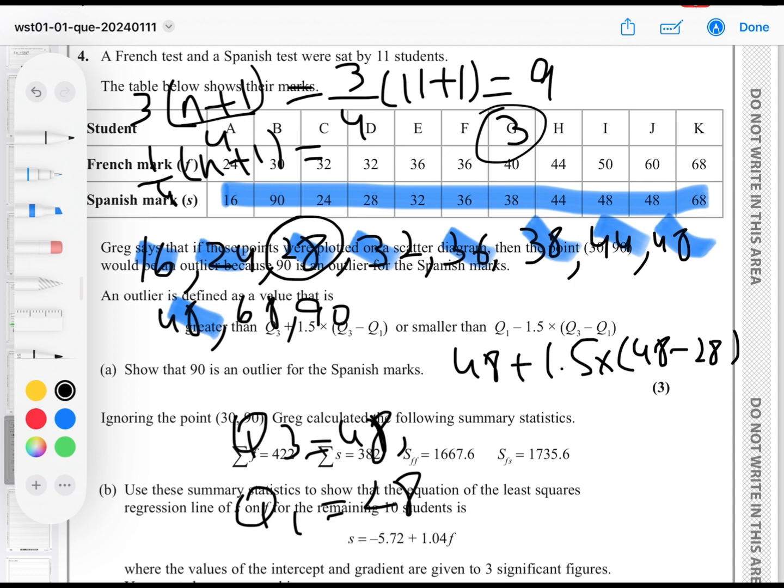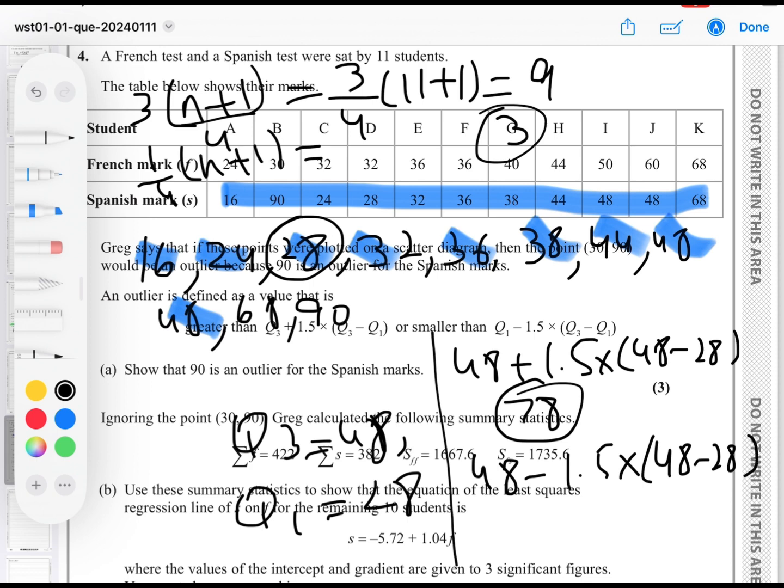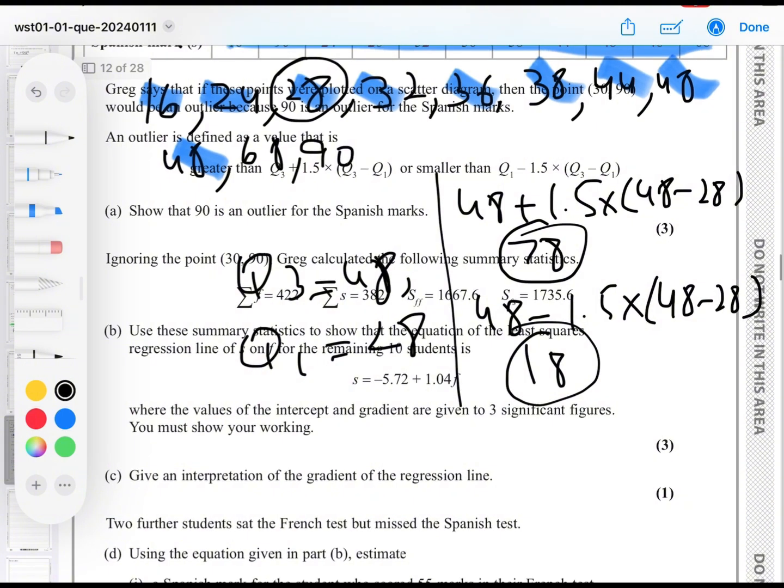Putting this in the calculator, we are getting 78. Now the other one, 48 minus 1.5 times 48 minus 28, the answer is 18 here. So we have the range 18 till 78.